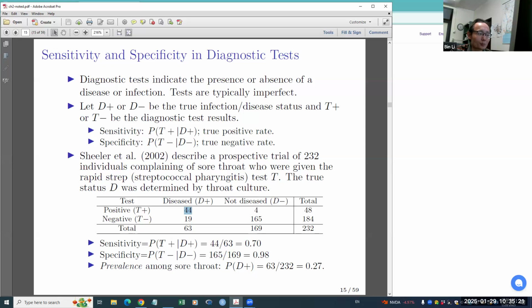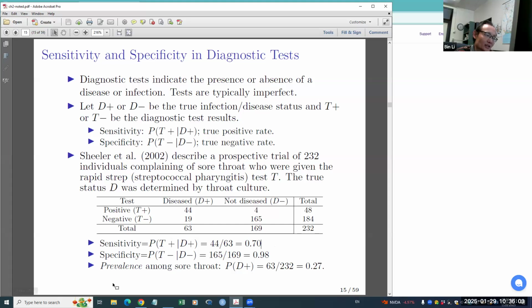So the sensitivity is the proportion of positive test results among these 63 patients. So that's 70%. In other words, this test can give us a 70% positive rate among all the diseased patients. Okay, so only 70% will get positive test results, but 30% of the diseased people will actually get negative test results, okay?